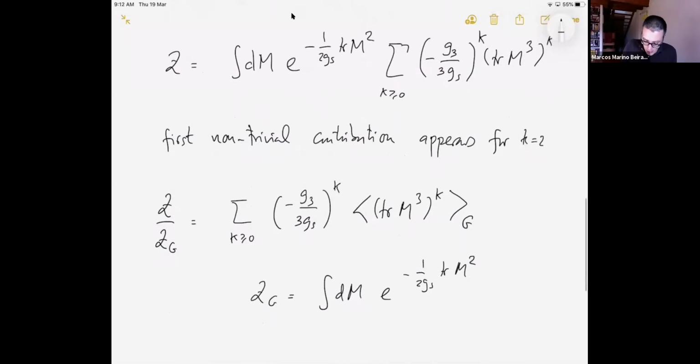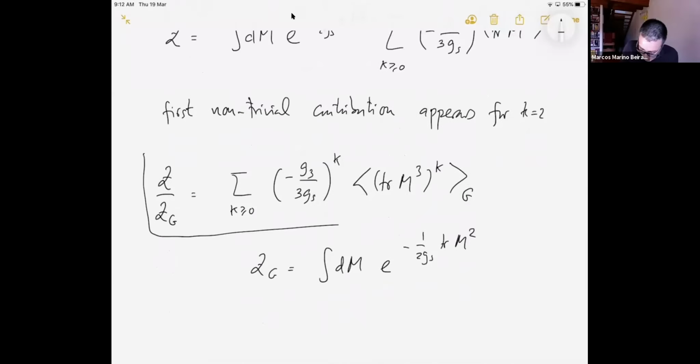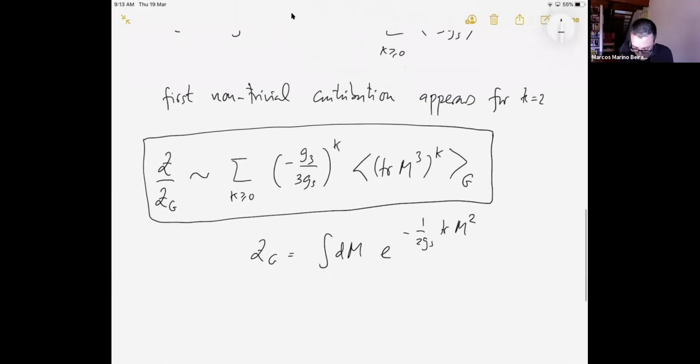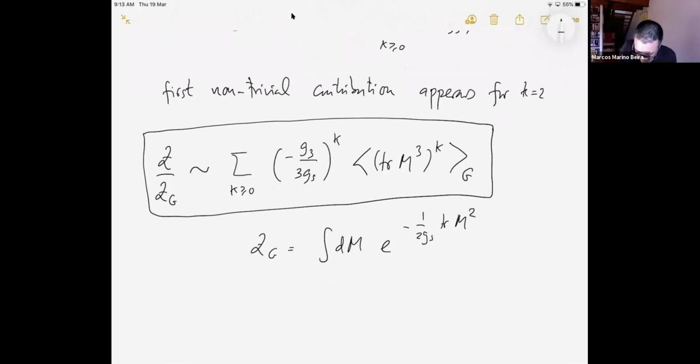Okay, so this is our fundamental formula, and maybe I should be more precise, because this is going to be a formal power series, so this is really more like an asymptotic series in the interaction coupling constant G3.